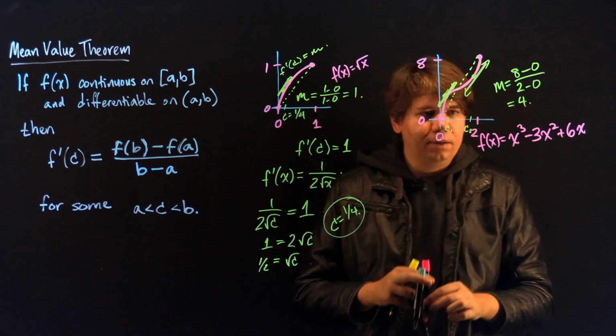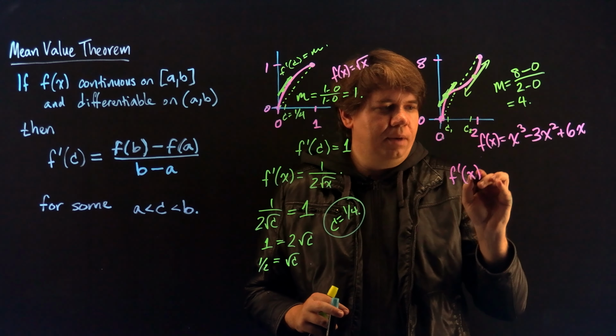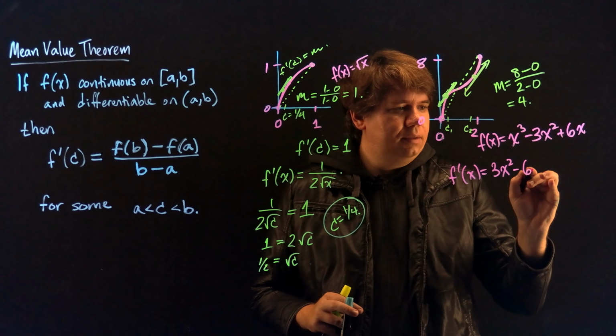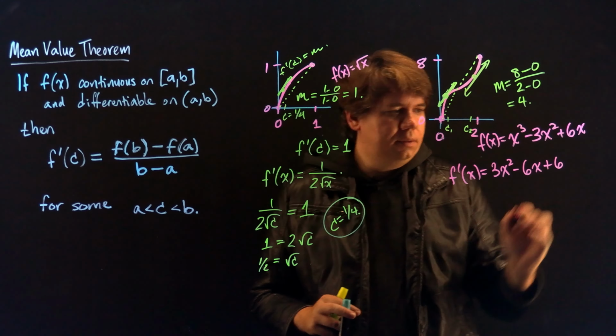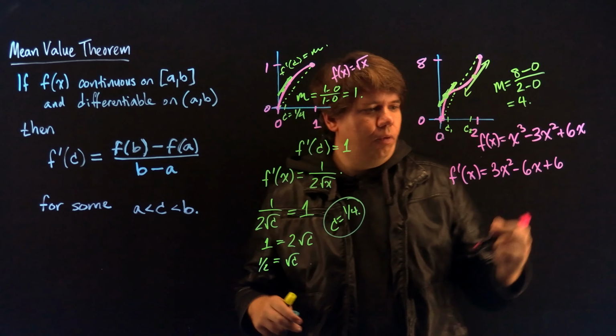Let's do the math. I want to look at the derivative of this. The derivative of my function here is 3x squared minus 6x plus 6. And I want to set that equal to my slope, which is 4.